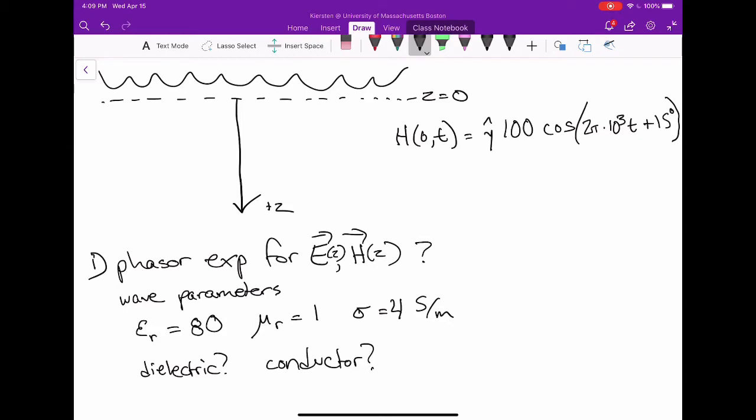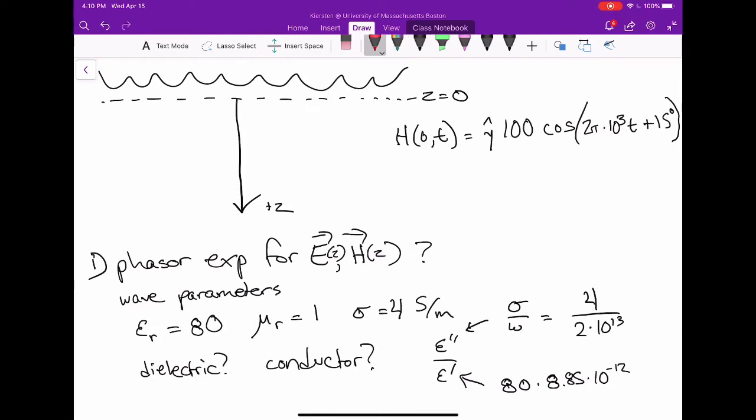Let's find out. The way that we find out is we figure out what epsilon double prime and epsilon prime are and how big that number is. So epsilon double prime here is sigma over omega, which is 4 divided by 2 pi times 10 to the third. And epsilon prime is 80 times epsilon naught, which is 8.85 times 10 to the minus 12.